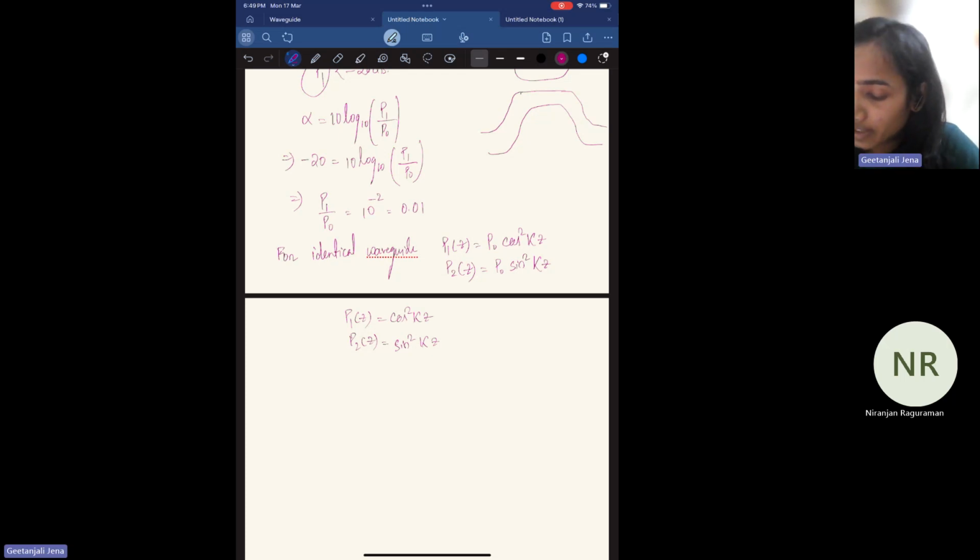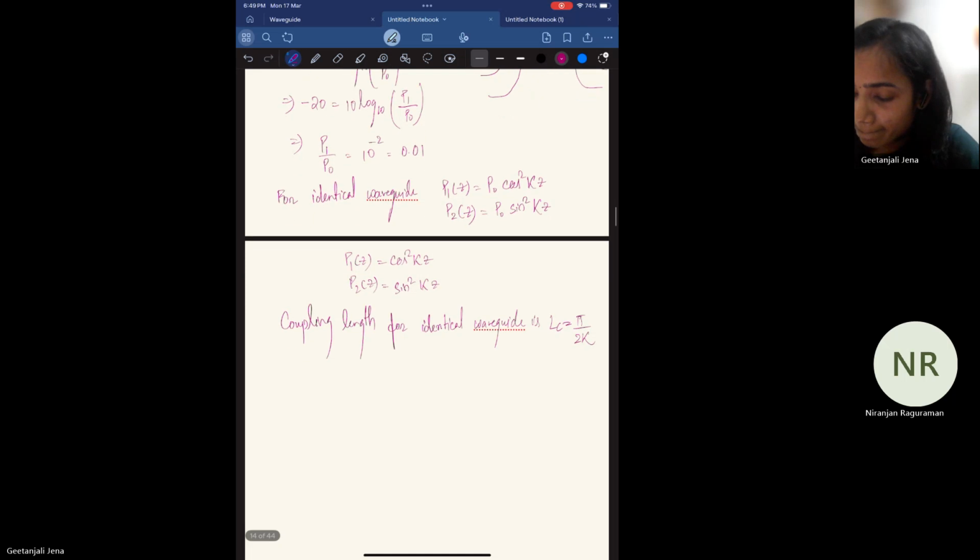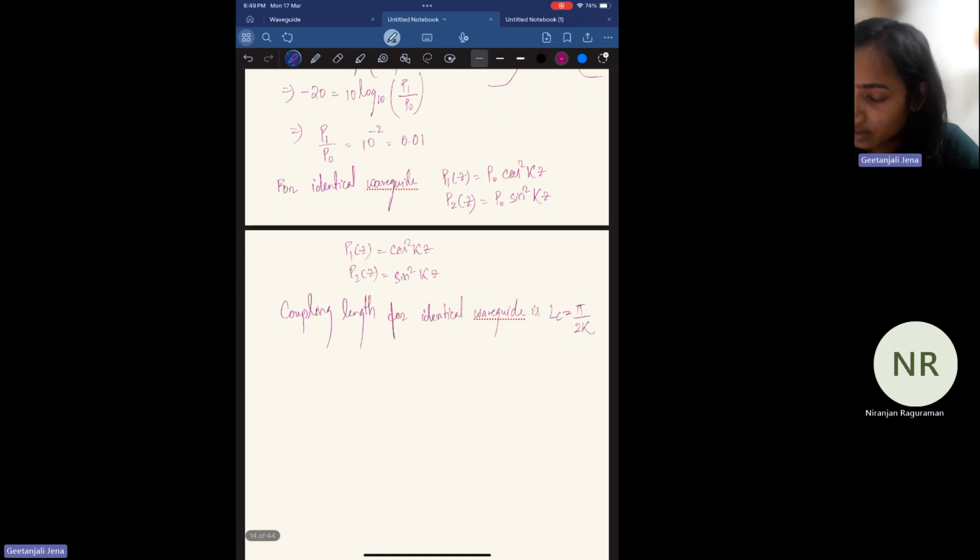And what is the coupling length for the identical waveguide? The coupling length is LC, which is nothing but pi by 2 kappa. So we can express the powers in terms of LC.